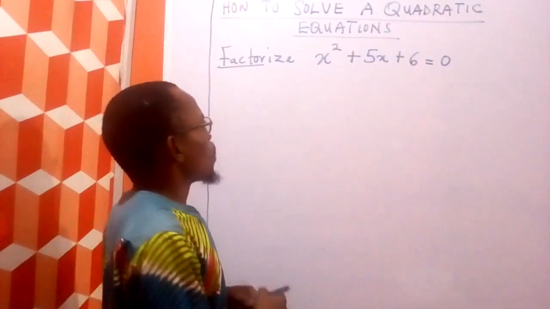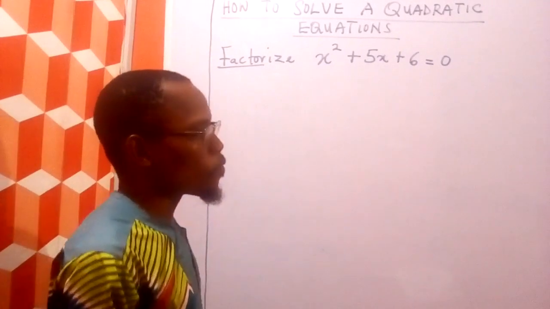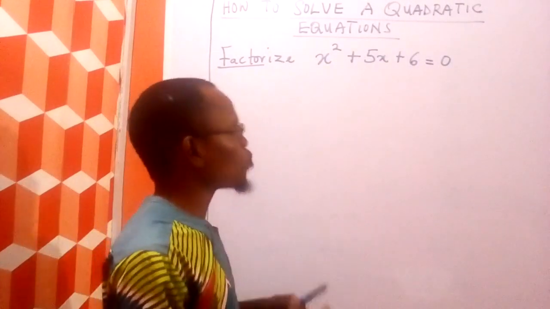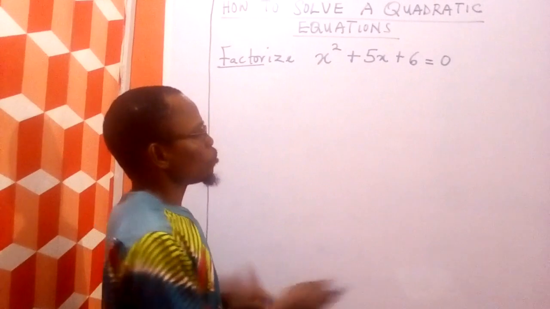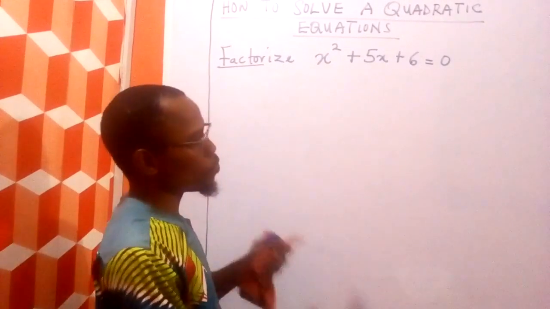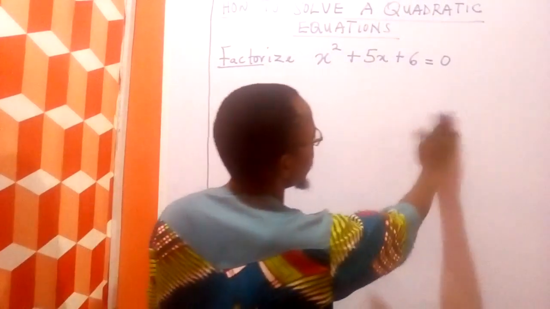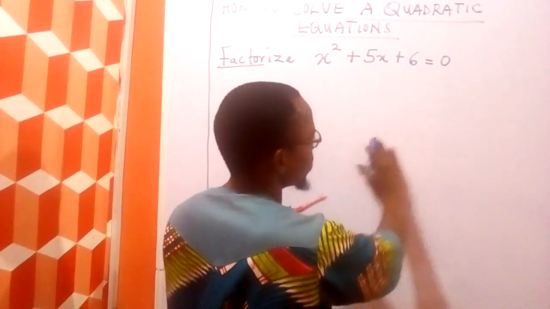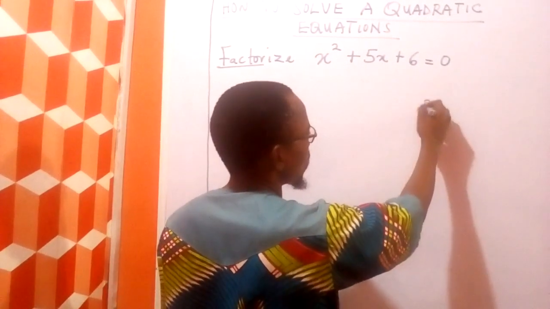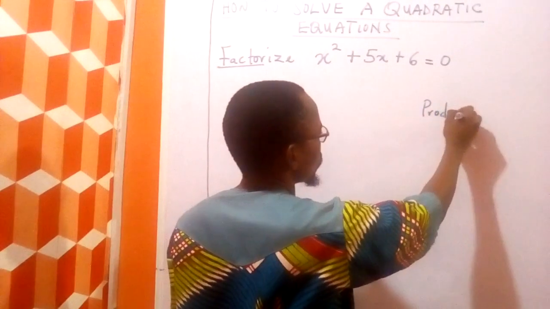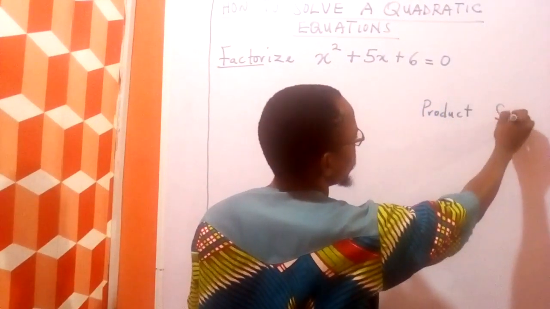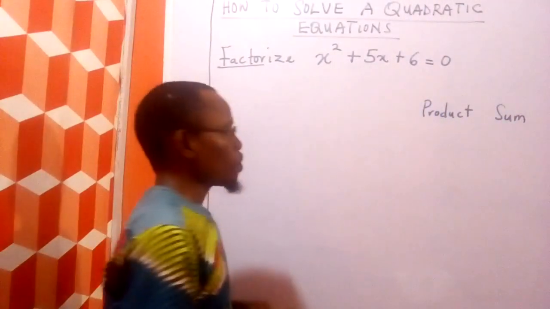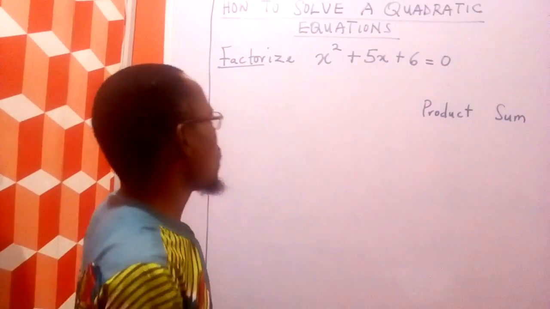So we will write out two things. Maybe at the back of your booklet, you can just put something like a product and sum. This will be like a guide to you.